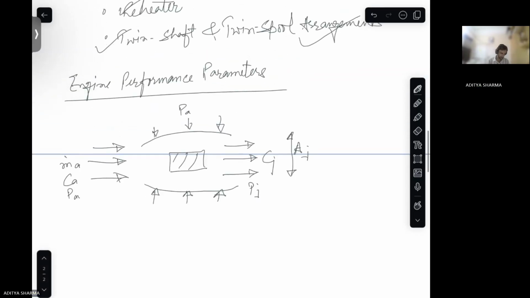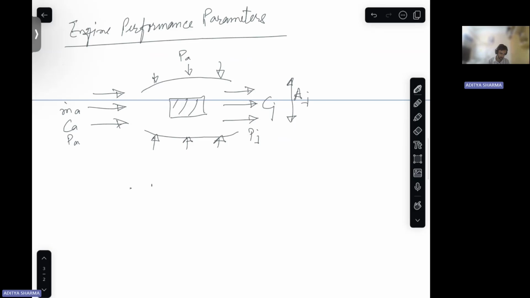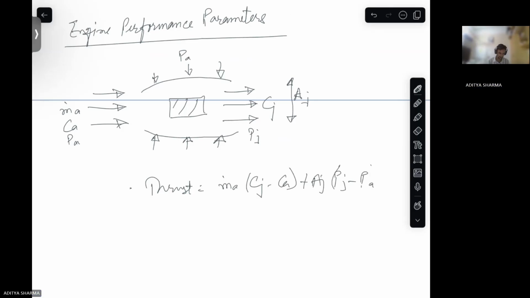So here you can get thrust as mass flow rate of air times (CJ minus CA) plus AJ times (PJ minus PA). But because fuel will also be involved, later we change it to mass flow rate of air times (1 plus F).